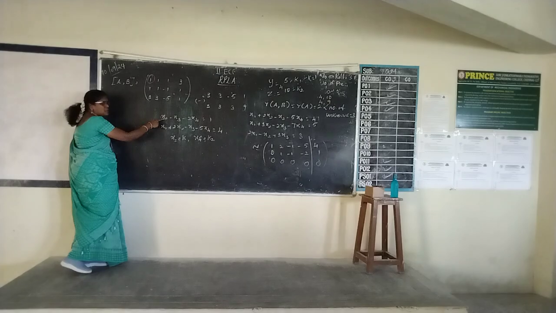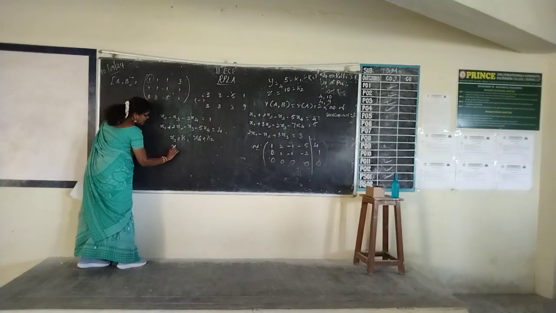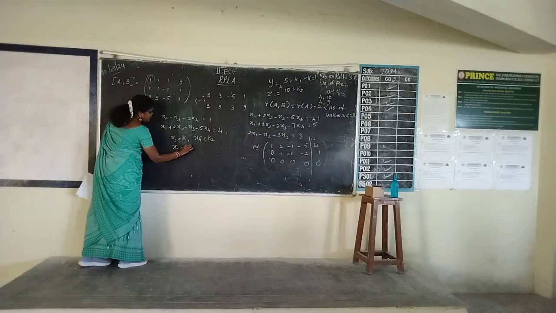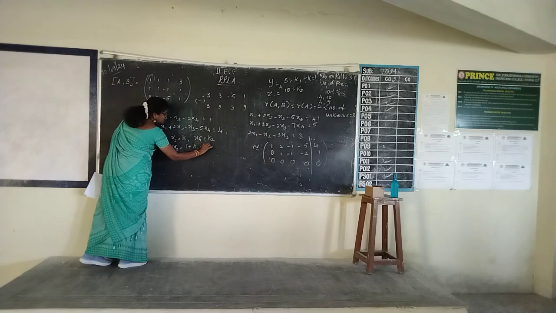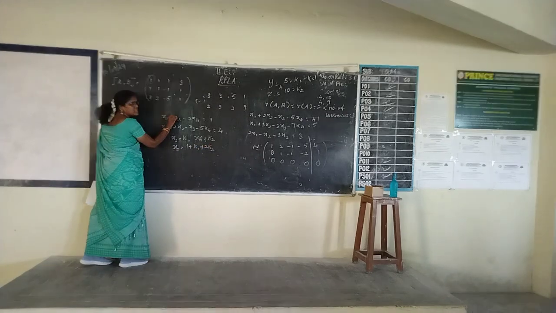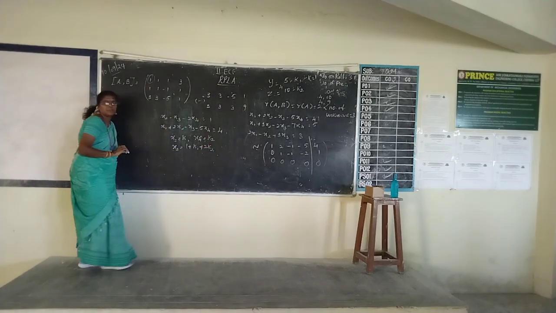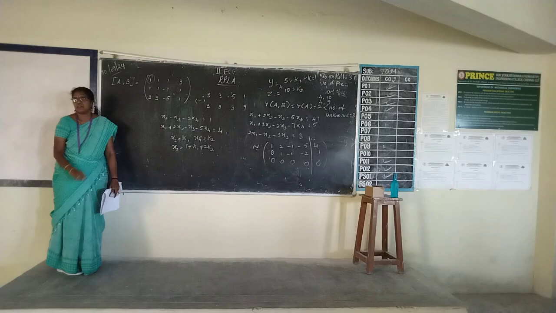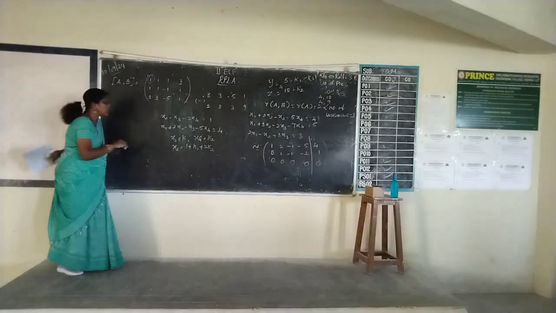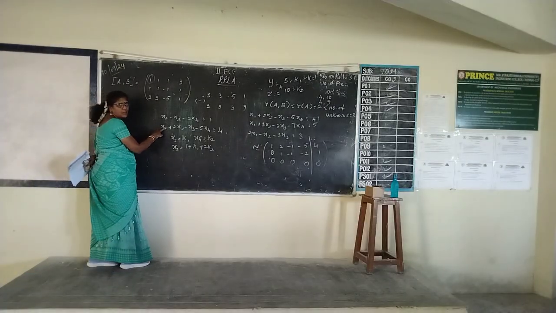So what happened to x2? x2 will be equal to 1 plus k1 plus 2k2. x3 is k1, x4 is k2. Okay. What will be x1 now?